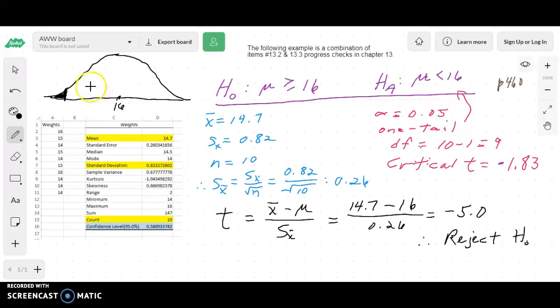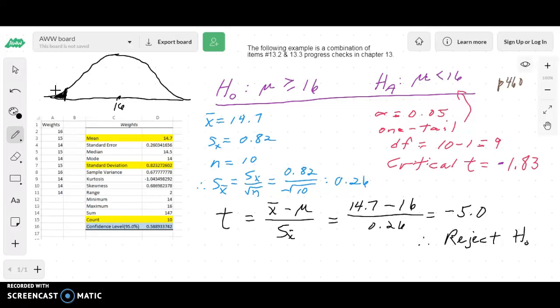But for this problem we're testing a one-tailed test on the lower, negative end, such that if our sample ends up down in this tail, then we reject the null hypothesis and say there is a statistically significant difference.